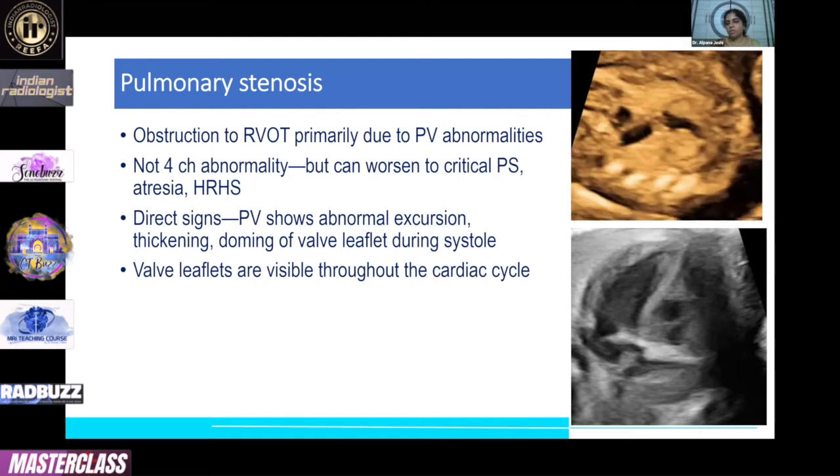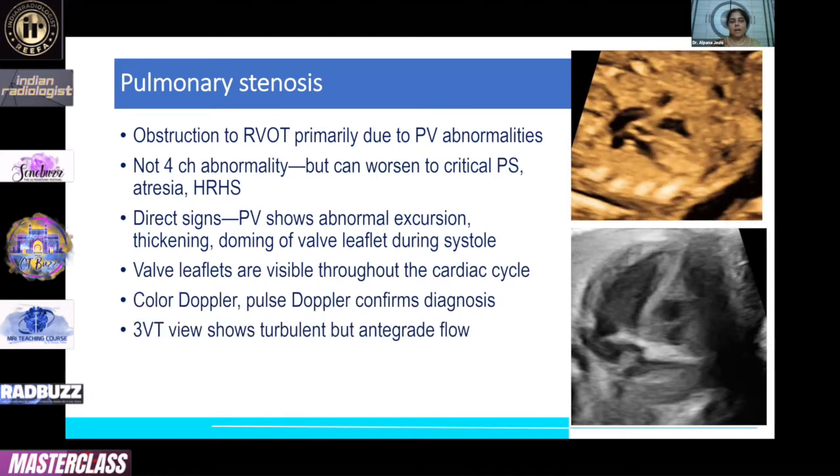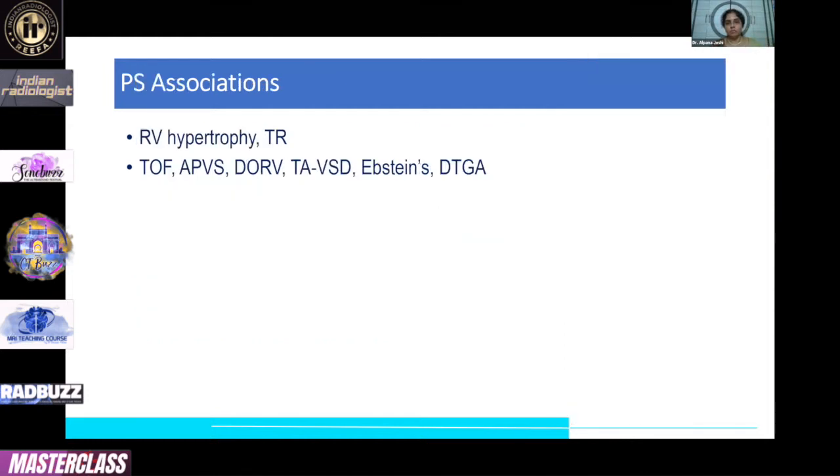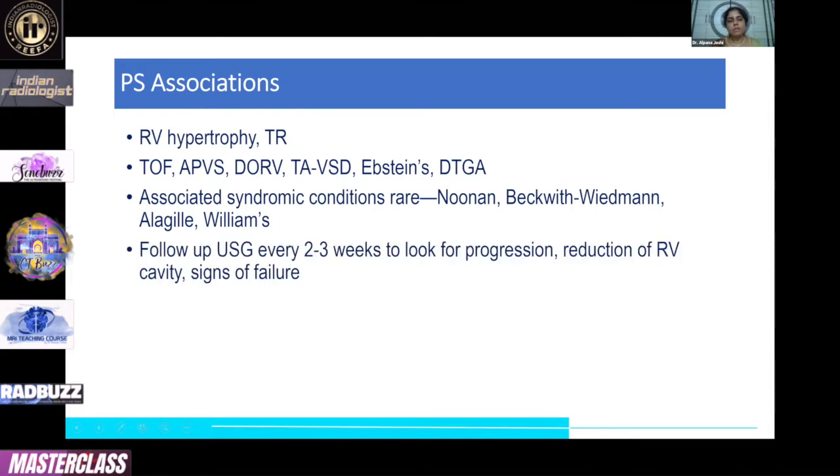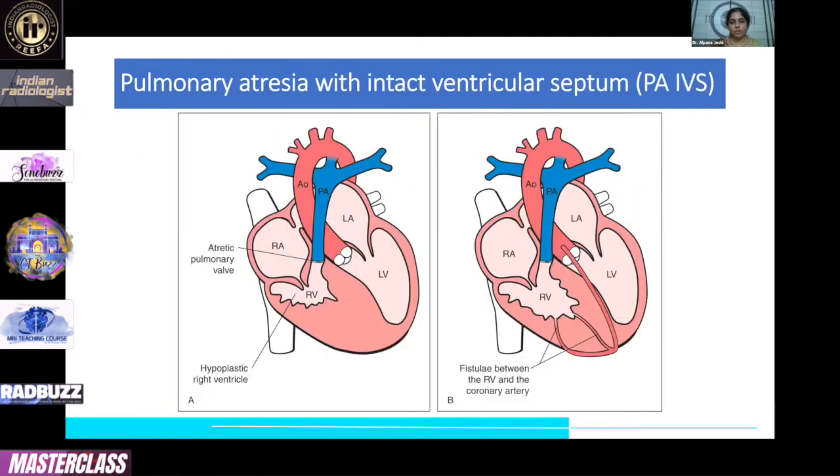Color Doppler, pulse Doppler will confirm the diagnosis, and the 3-vessel trachea view will show the turbulent but antegrade flow. That is very important. Then, of course, there are some associations. It may be part of Epstein's and DTGA, DORV, and things like that, and some genetic syndromic conditions. And a follow-up ultrasound every 2 to 3 weeks to look for progression is very important.